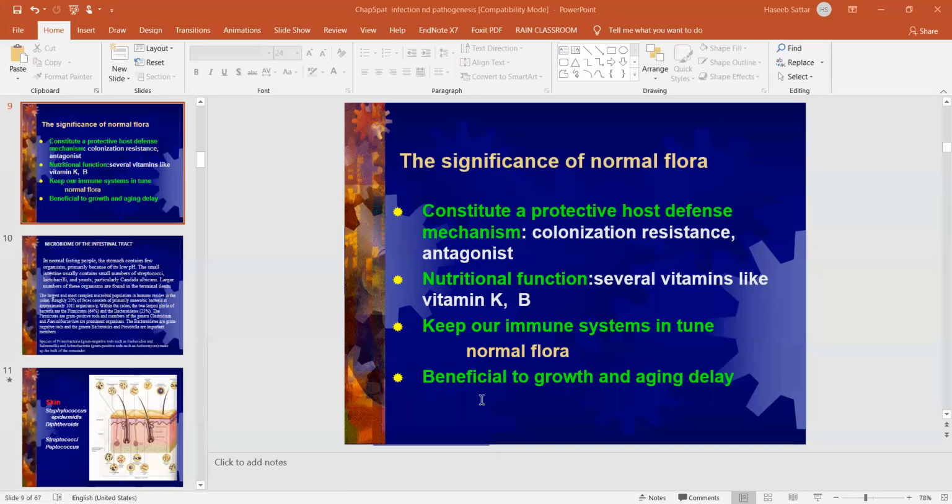Okay, so the development of the immune system: these bacteria, our normal flora, also help to strengthen our immune system. And I was telling you, the children who play in soil will have fewer chances of infections as compared to the child who never played outside.